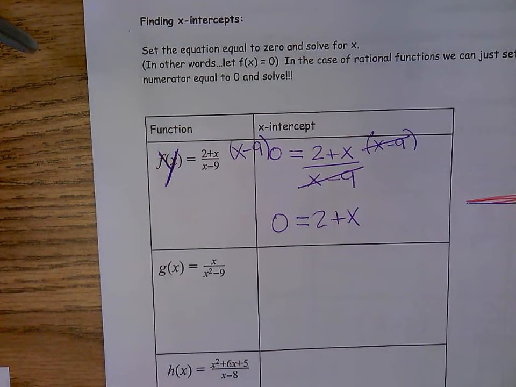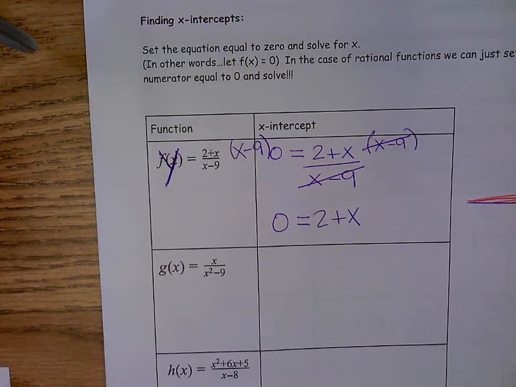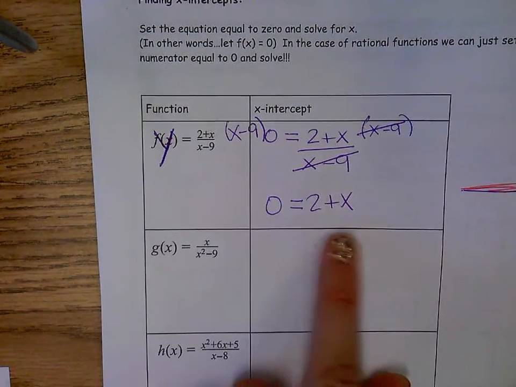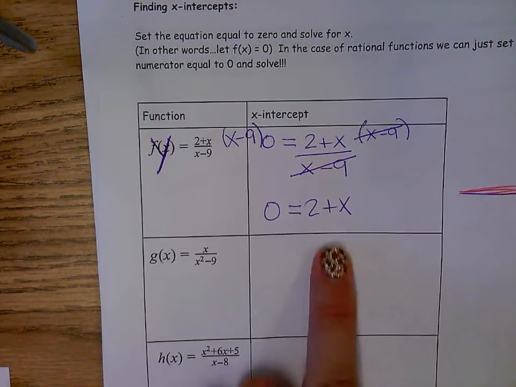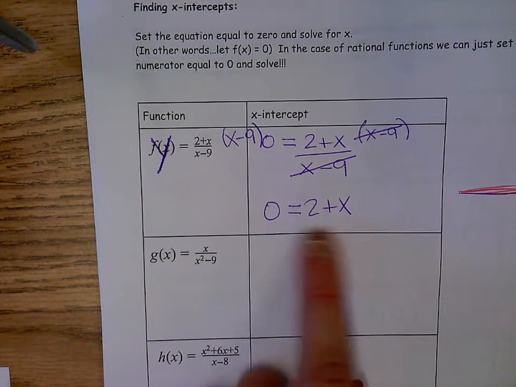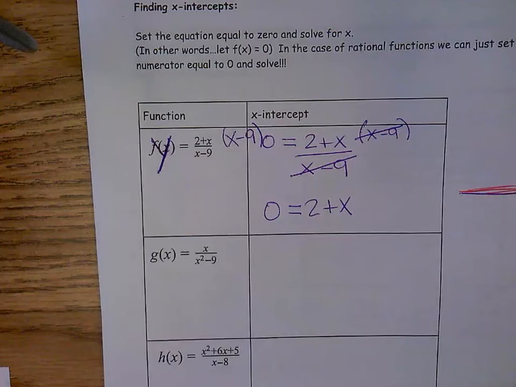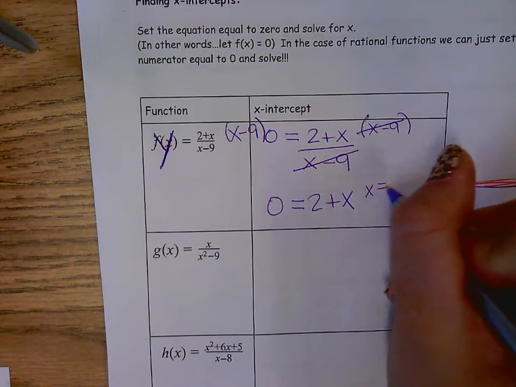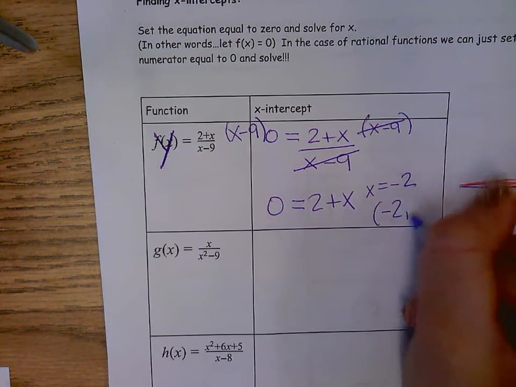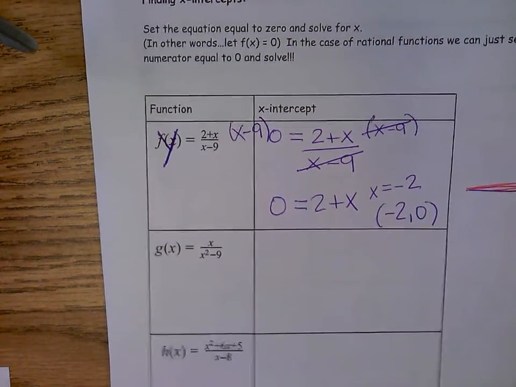So you can skip that step if you can remember that. Set your numerator equal to 0 and look for your x-intercepts. So what would make this equation true, x is what number? -2. So x equals -2, so (-2, 0) is my x-intercept.